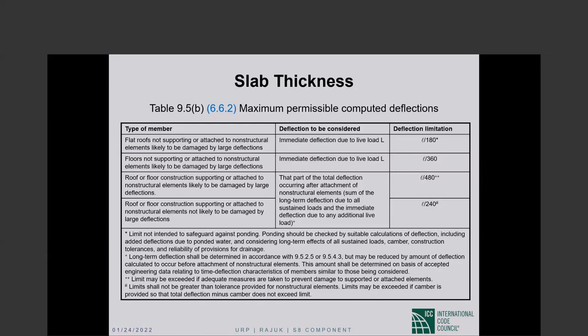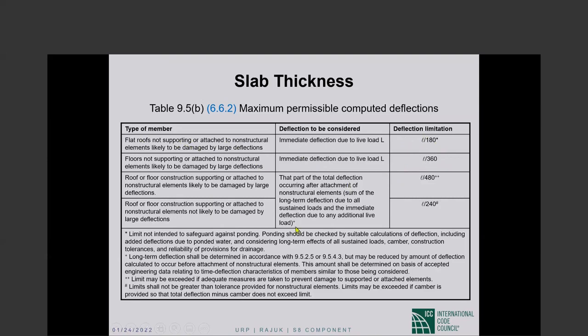Or did I say, I probably said it backwards. So when damage to non-structural elements is not likely, then the deflection limit is more liberal. If damage to non-structural elements is likely, then the limit is tighter.